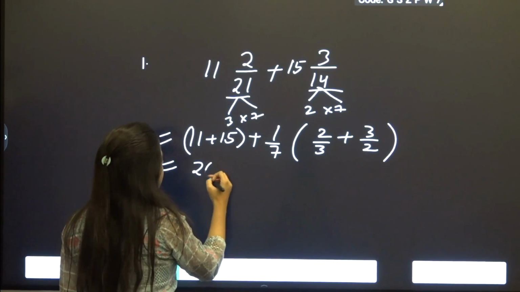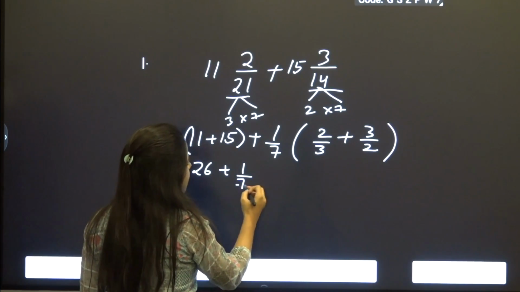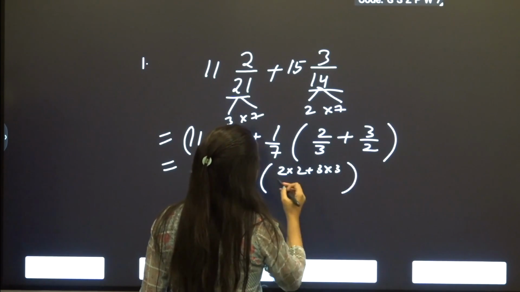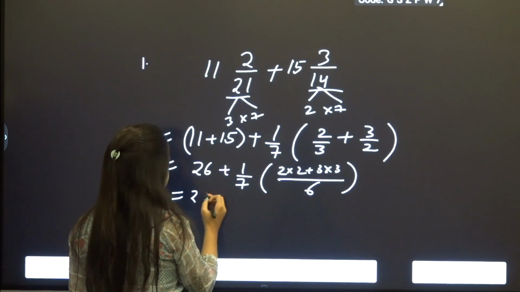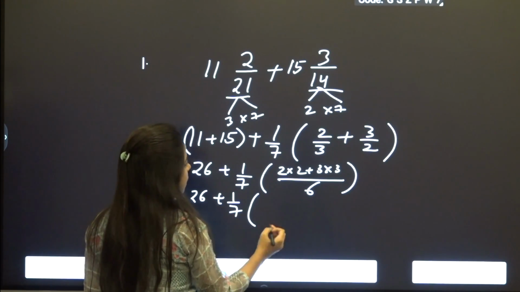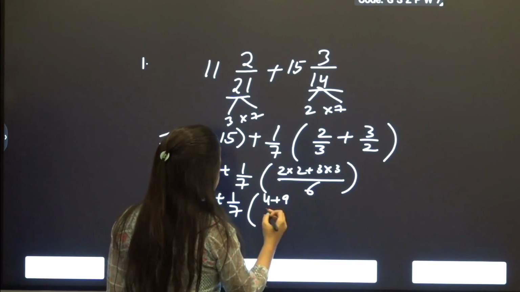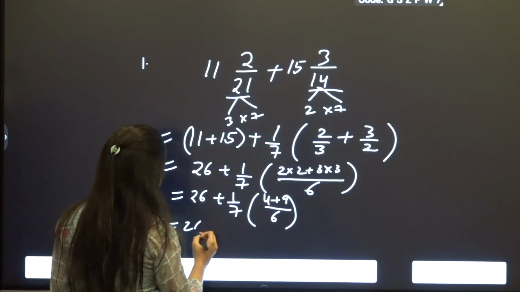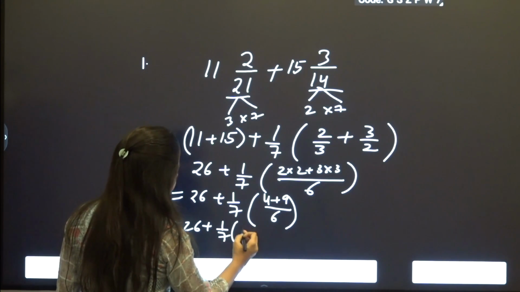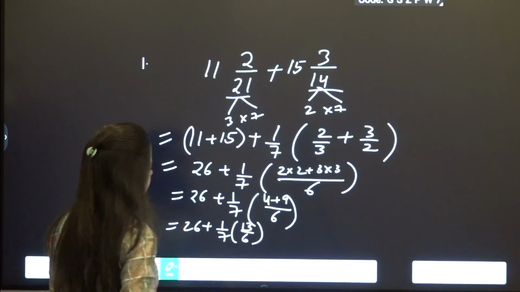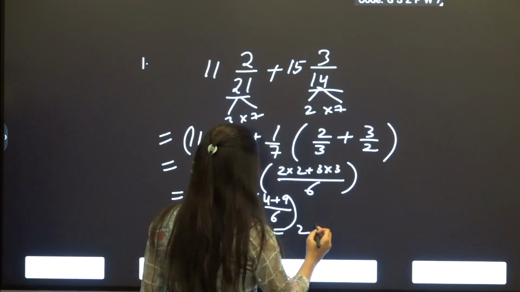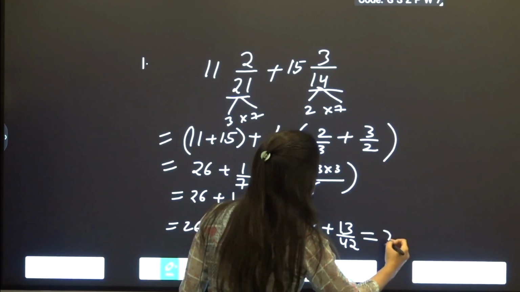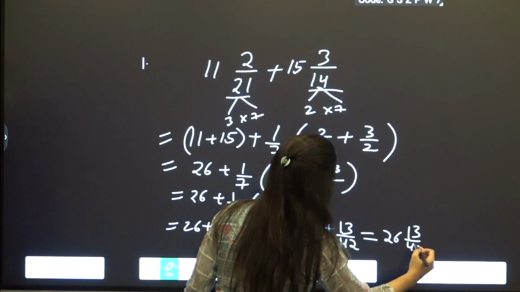So this will become 26 plus 1 by 7 into (2 into 2 plus 3 into 3) upon 6. This will become 26 plus 1 by 7, 4 plus 9 by 6. Next will be 26 plus 1 by 7, 13 by 6. And this will be 26 plus 13 by 42. And so the final answer is 26 13 by 42.